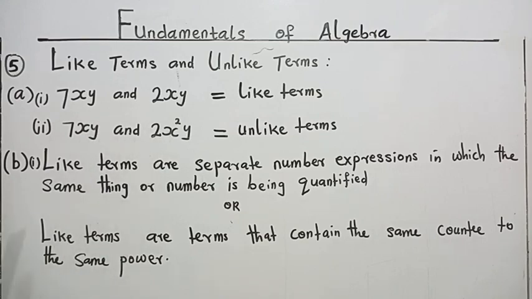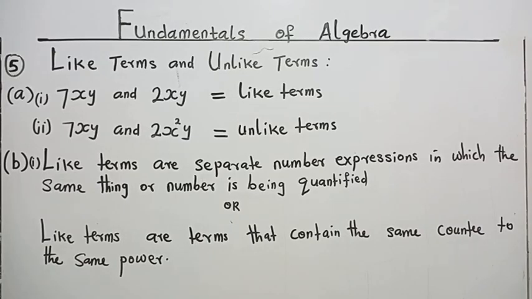Therefore, though they are separate number expressions, they contain the same variables in different powers. Being in different powers is what disqualifies the two of them from being like terms. Be very careful next time if you see the same set of variables. Before you rush into a conclusion that they are like terms, watch the powers of those variables. Based on that argument and reality, we conclude that 7xy and 2x squared y are unlike terms.